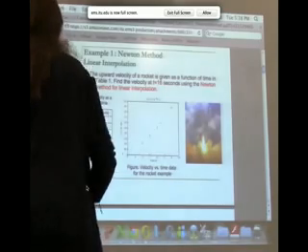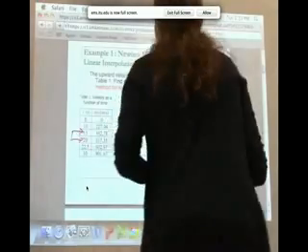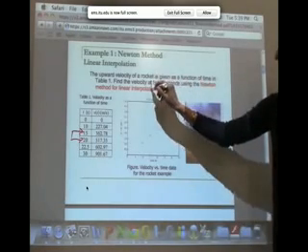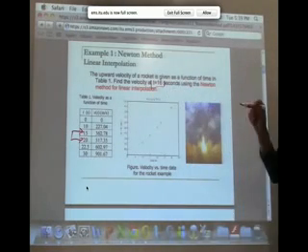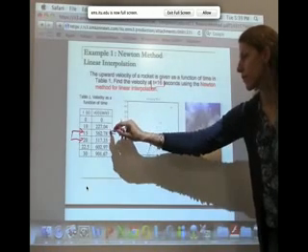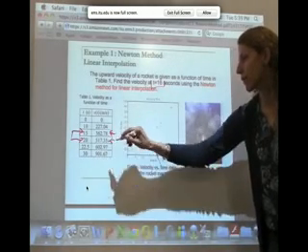So my t's are going to be 15 and 20. Why? Because these points are closest to t equals 16, right? Now that I have my t's, I have my f of t's, and I can simply find my solution.